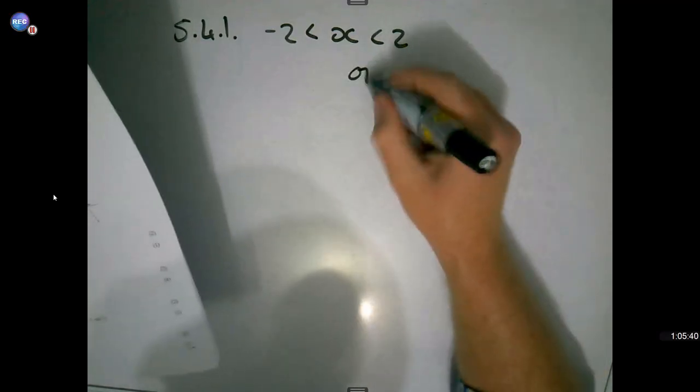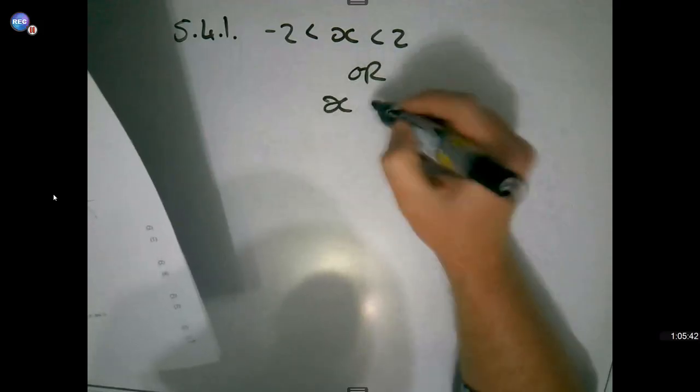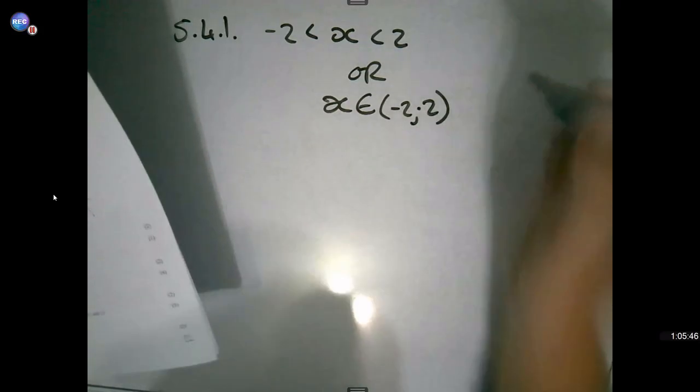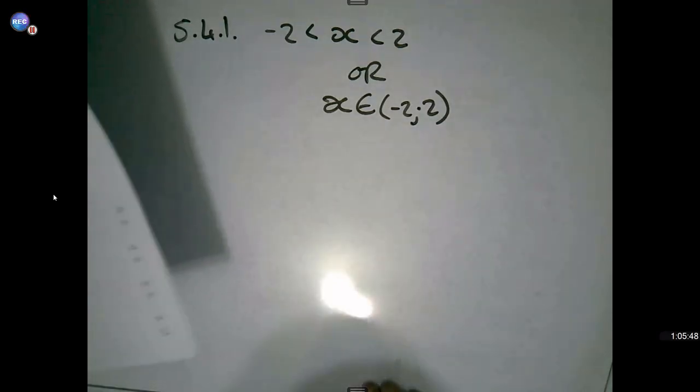Or you could write it as follows as well. You could say x is an element, and then you can say -2 and then 2 in that way as well. We'll mark both of them. Then they asked you, for which values of x is the f graph decreasing? It's for everything that is greater than 0.